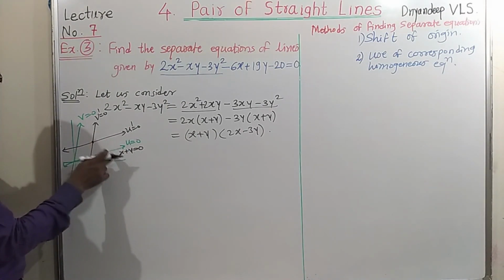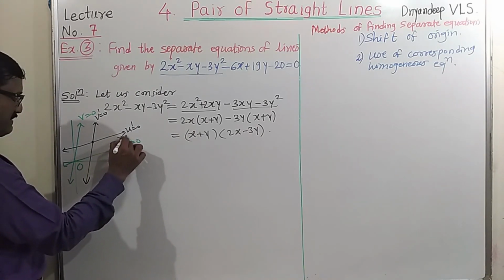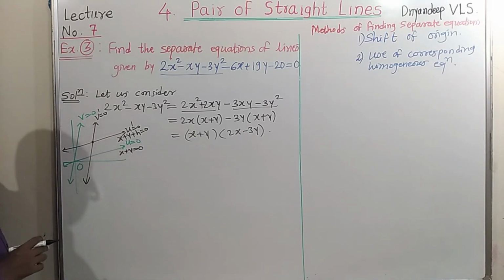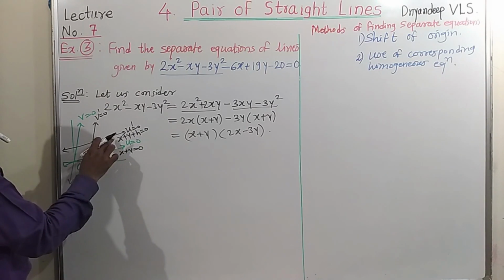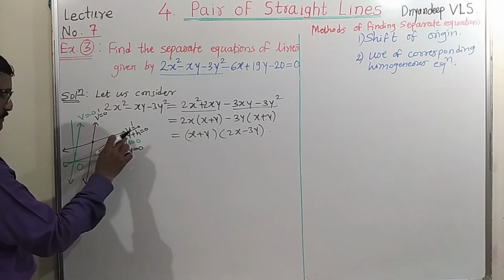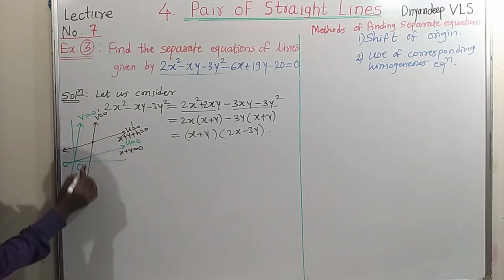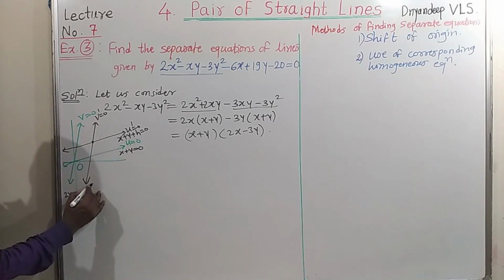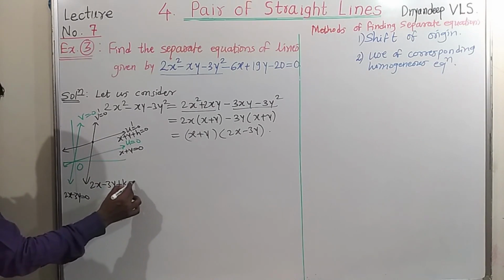These two lines are parallel, so there is a change only in the constant. So consider u dash as x plus y plus h, one constant. Are you getting? x plus y equal to 0, and the equation of the line parallel to it is x plus y plus h. If the equation of v is 2x minus 3y equal to 0, what will be the equation of v dash? It will be 2x minus 3y plus k equal to 0.